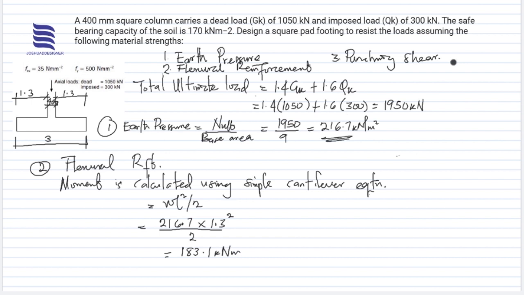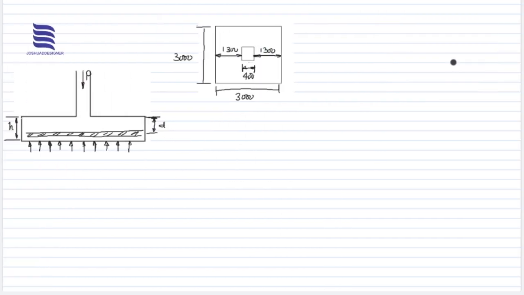All right, we can proceed from here. As we have in these diagrams already, the earth pressure is the one influencing the pad from beneath, and it has a value, as obtained, of 216.7 kilonewton per meter square.